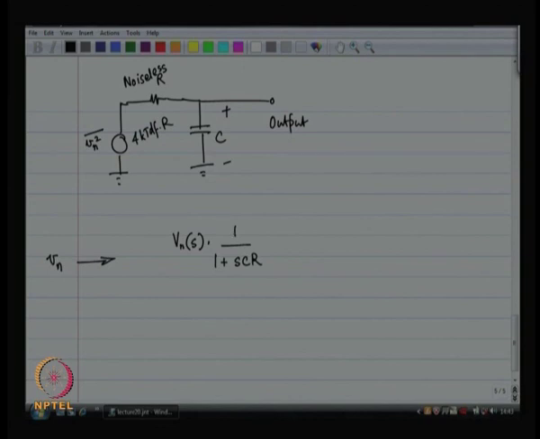Okay. So, the voltage across the capacitor has a Laplace transform that is like this, all right. Let us not write Laplace transform, let us convert it to j omega.